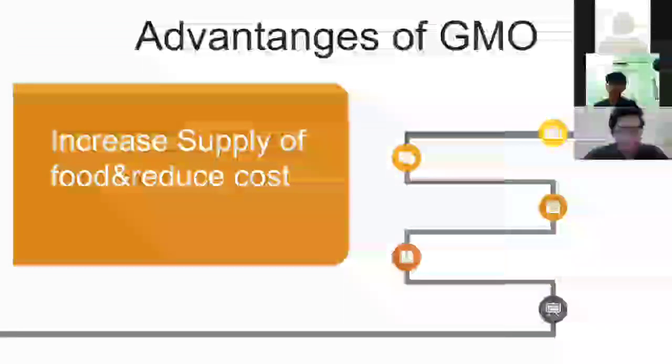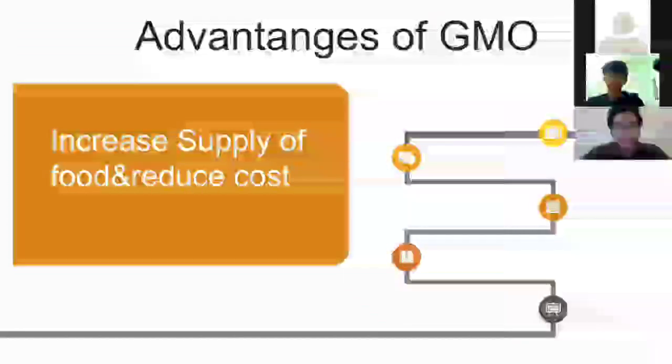So we can supply the food to many places, and we can increase the quality of food, so they can make the food more nutritious and tastier.